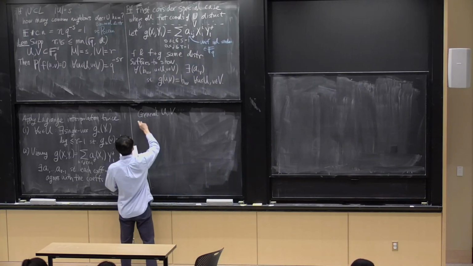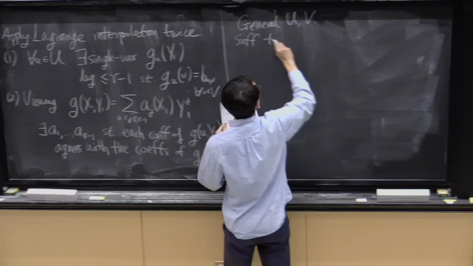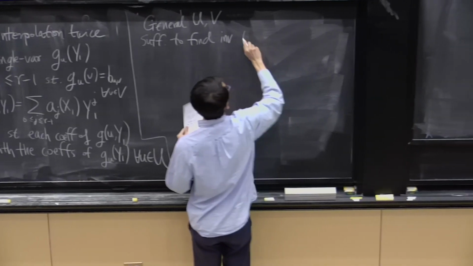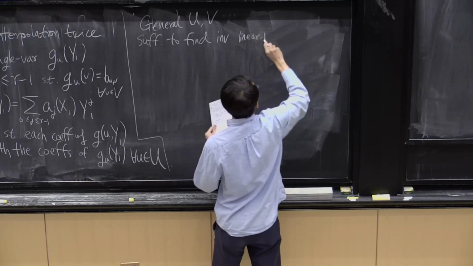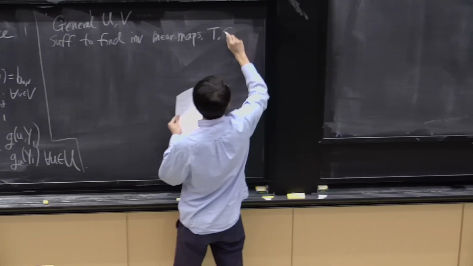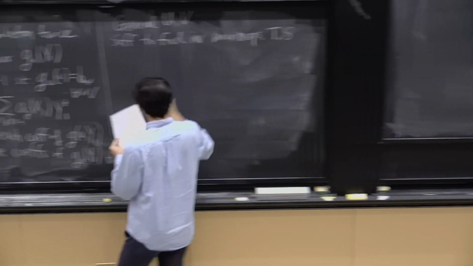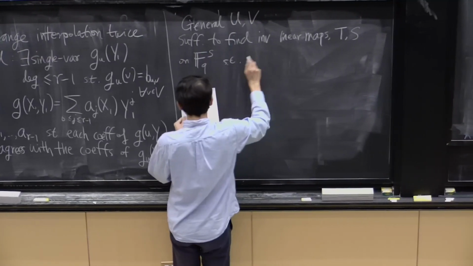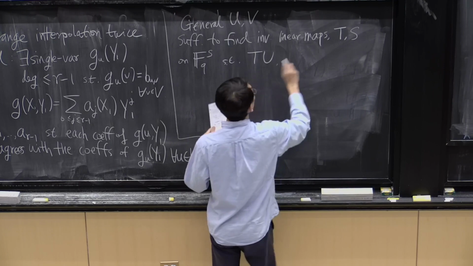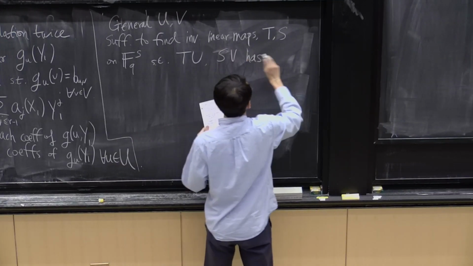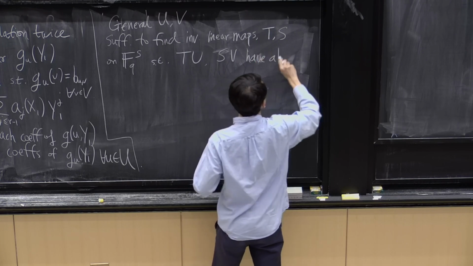So it suffices to find invertible linear maps T and S on this vector space such that TU and SV have the above properties.